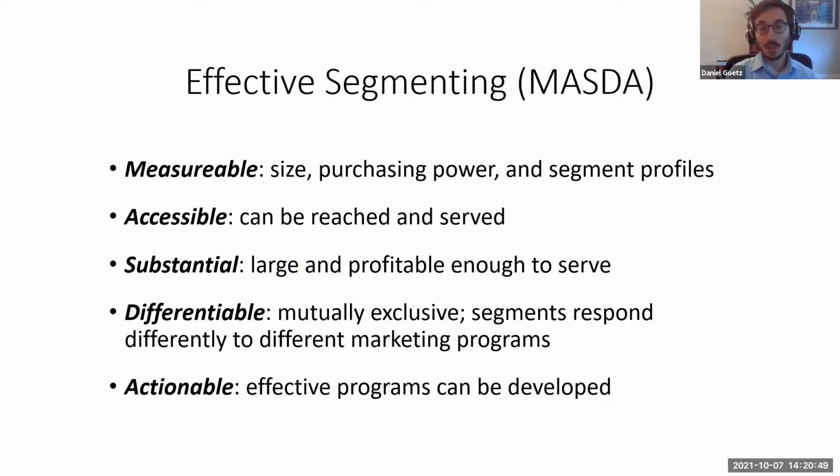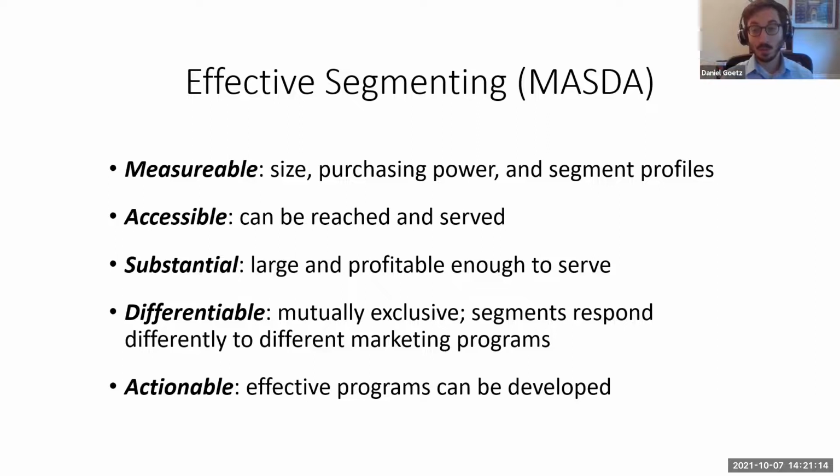Like what kind of prices and promotions would they respond to? So effective segmenting has these 5 attributes, MASDA. It should be measurable, so it should be large enough, or you should be able to find it. You should be able to see it. It should be accessible, so that you can reach them. It should be substantial: they're a large enough segment that you can profitably serve them.